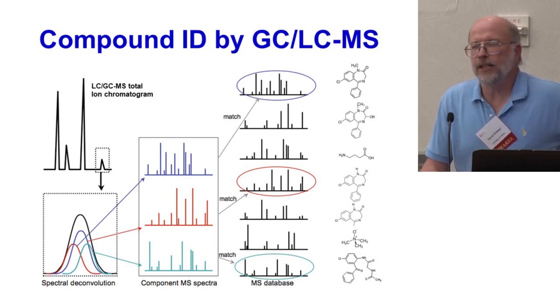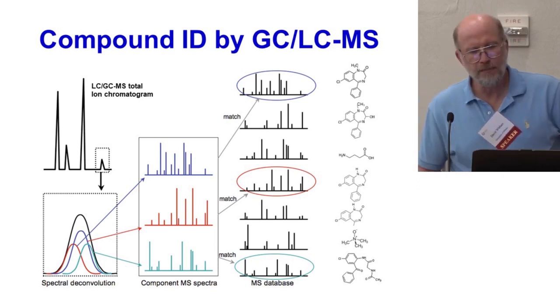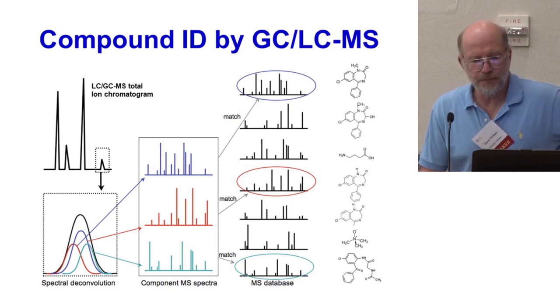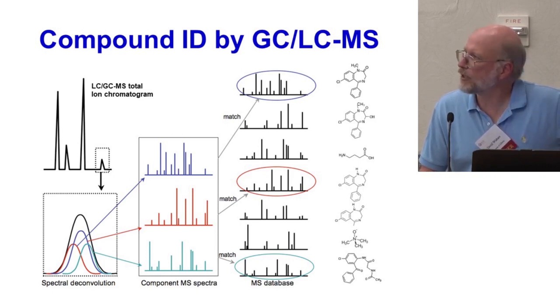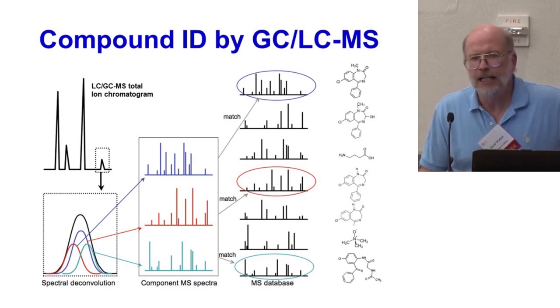In all cases, you're looking at mixtures. The mixtures have to be separated into their components through chromatography, through gas chromatography or liquid chromatography. And this slide just really illustrates how something schematically would look. You'll run a chromatogram, you'll have some peaks, you'll isolate a peak. Under that peak, because it's a very complex mixture, there might be 3, 4 different kinds of compounds. Each of those compounds will have their mass spectra collected.